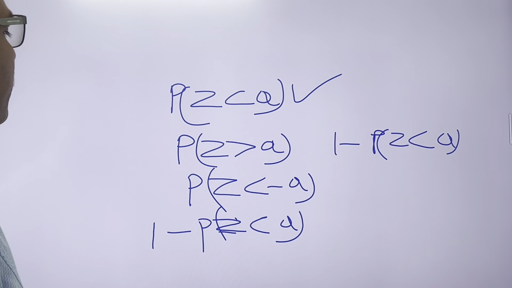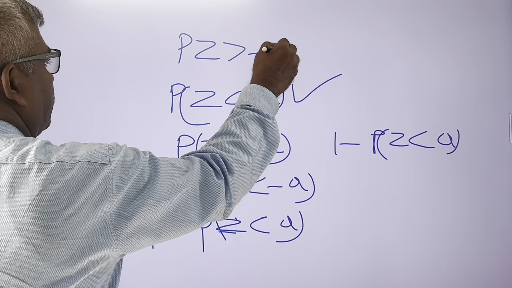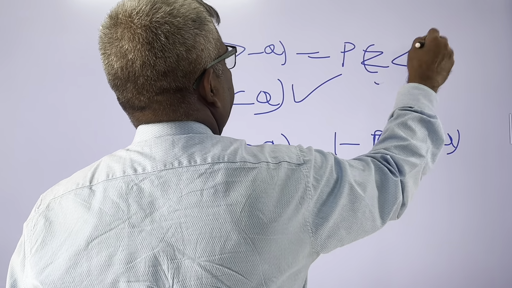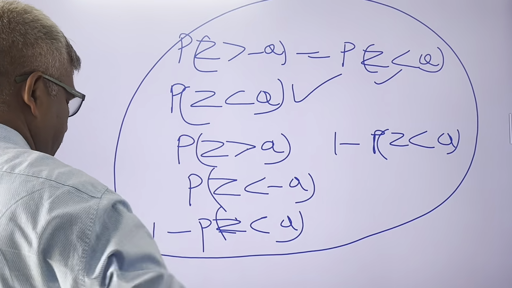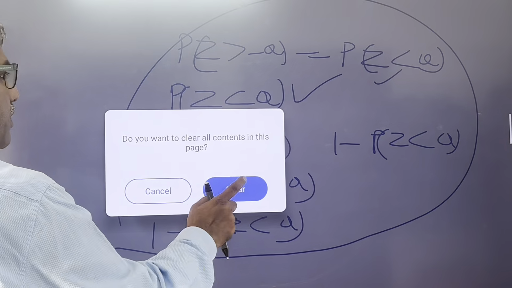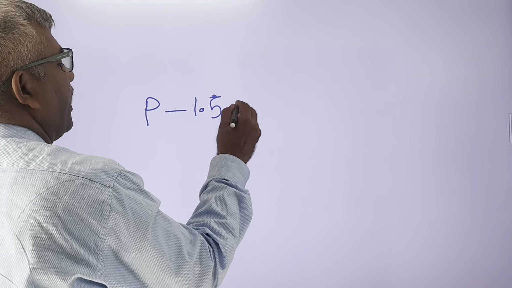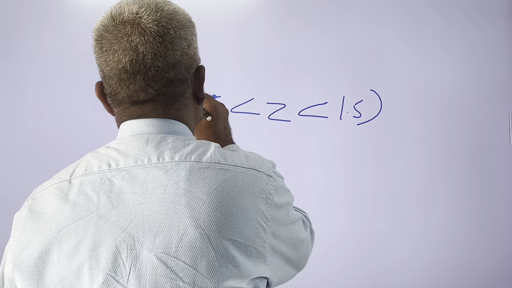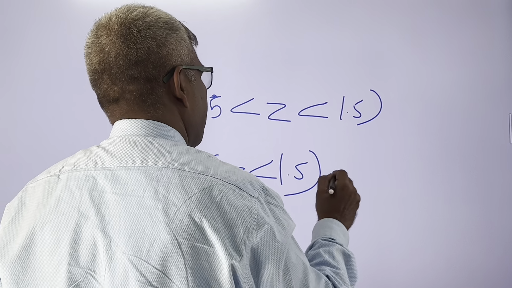If it is greater than minus a, very simple, this is nothing but probability Z is less than a. Take the values from the normal table. Another one, suppose Z is greater than minus 1.5, less than 1.5, means 2 times probability of Z is less than 1.5 minus 1.